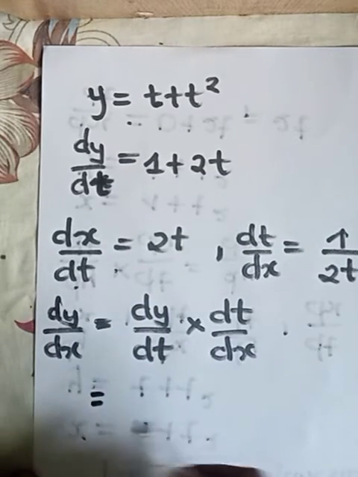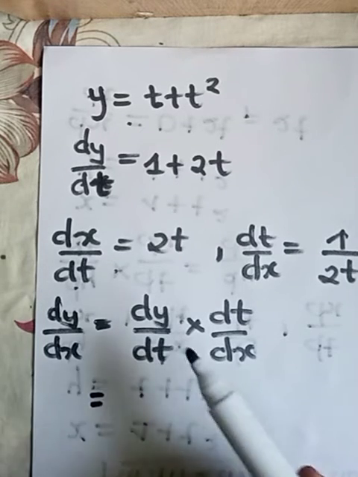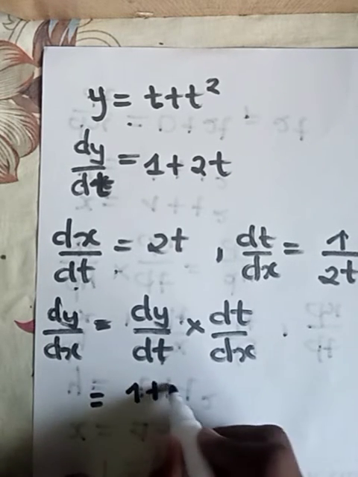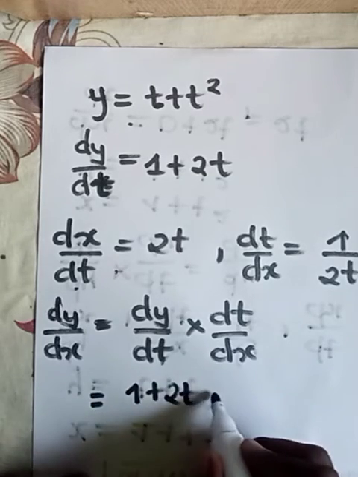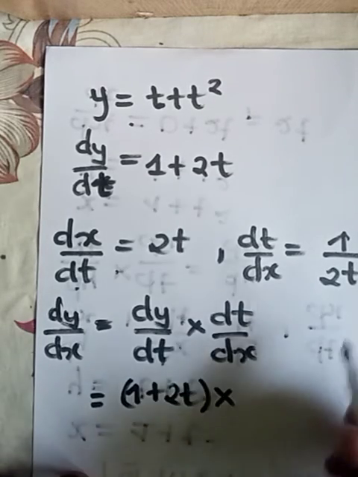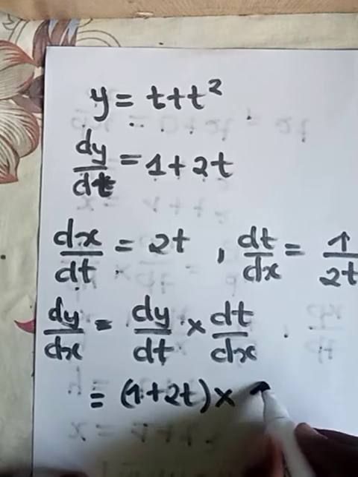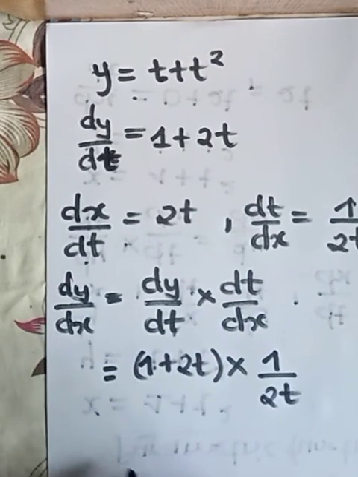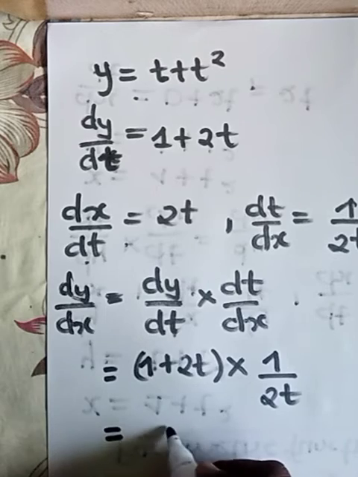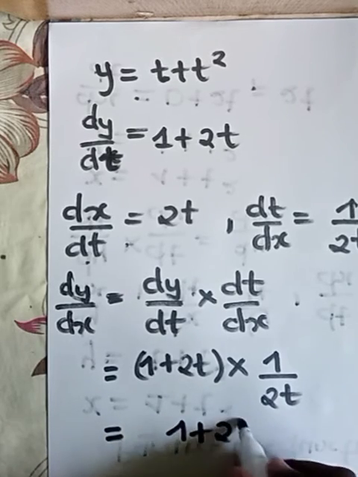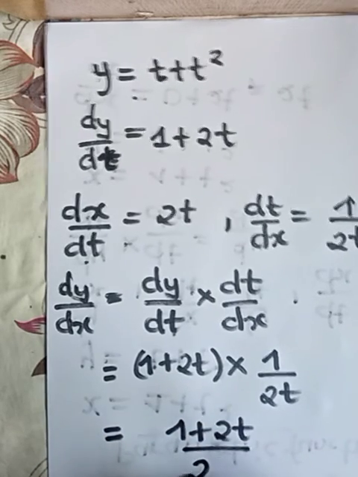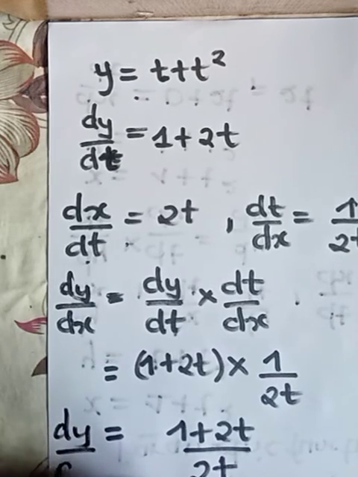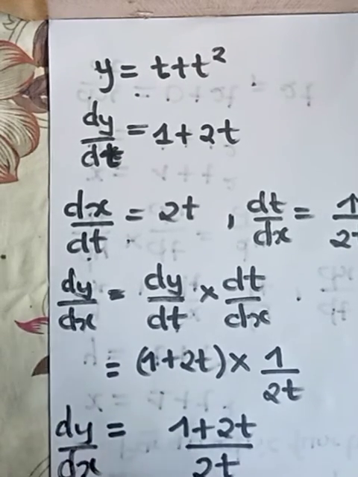Now this is equal to dy on dt, which is 1 plus 2t, times dt on dx, which is 1 on 2t, and this simply gives us 1 plus 2t on 2t. That is the derivative dy on dx of that parametric equation.